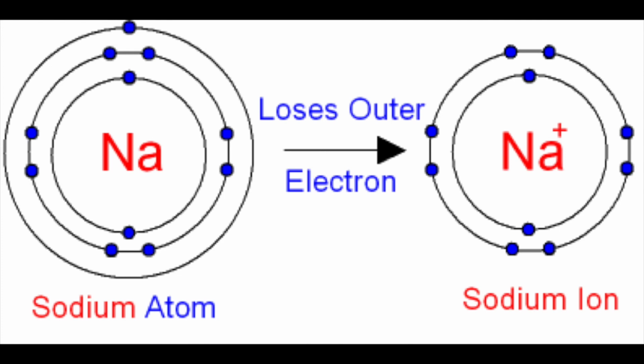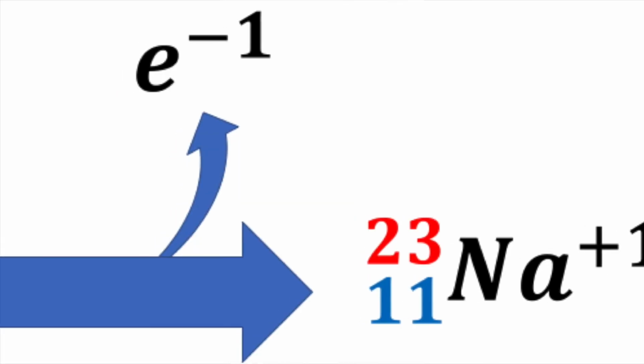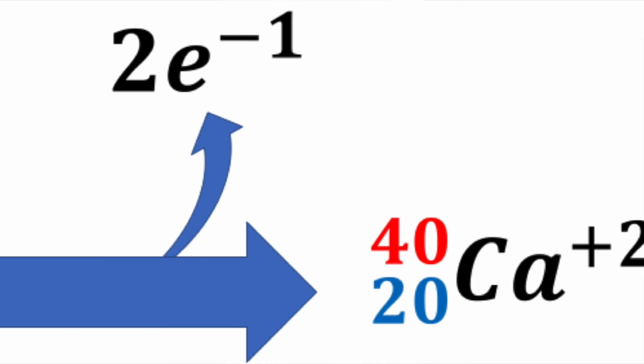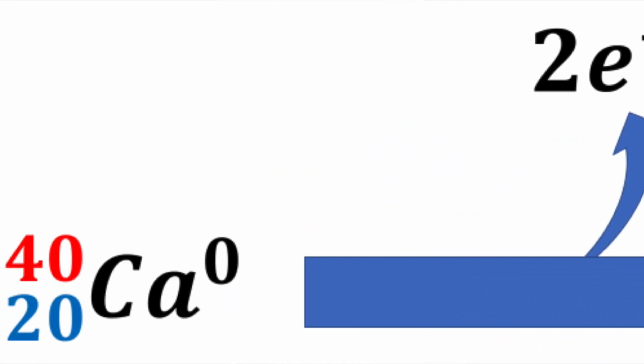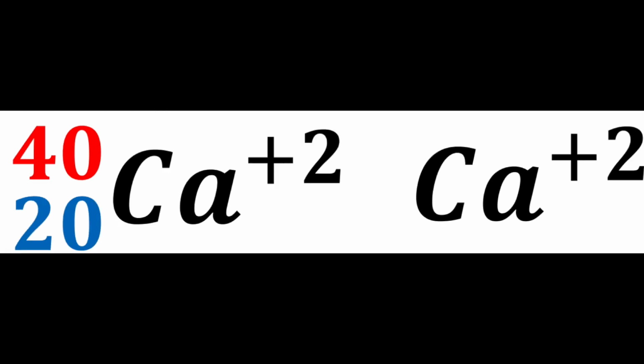If an atom loses an electron, there are more protons in the nucleus than electrons in the space around it. Atoms such as sodium and calcium lose electrons to form such ions with net positive charges.